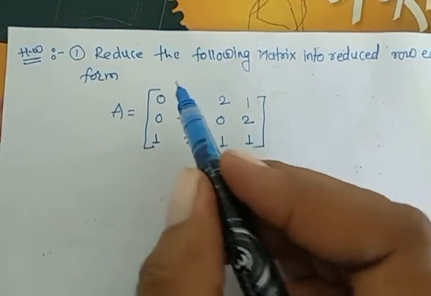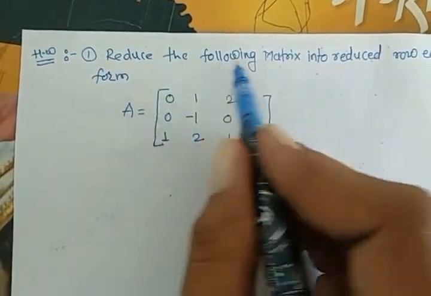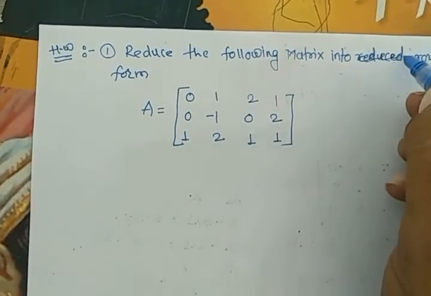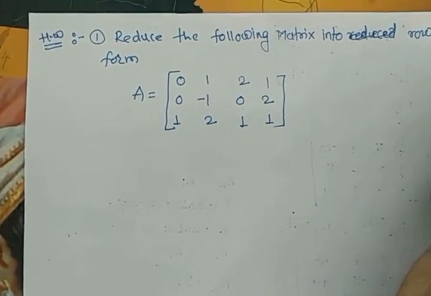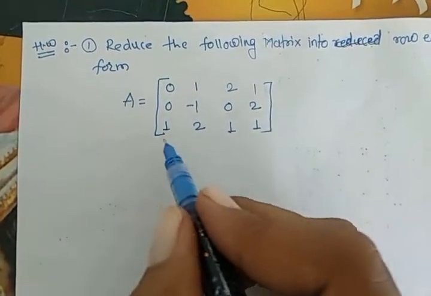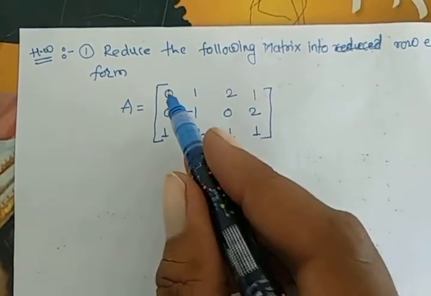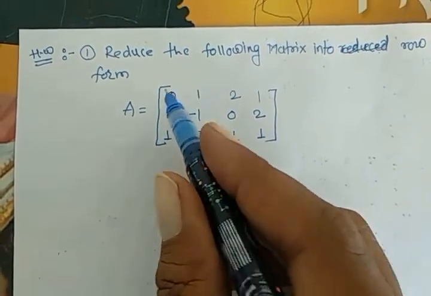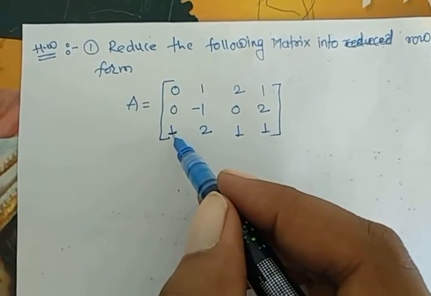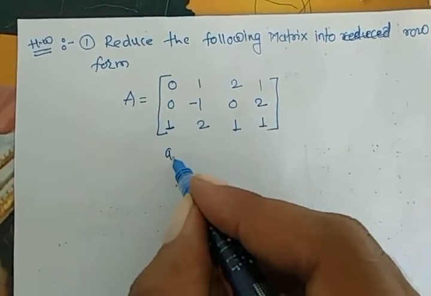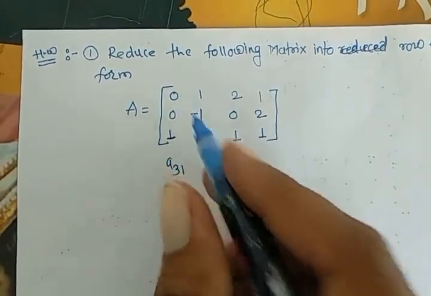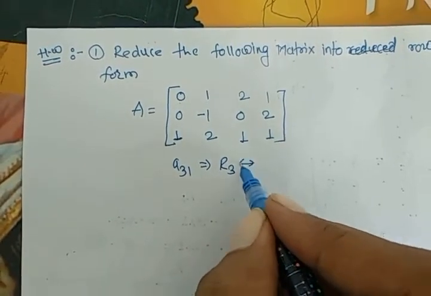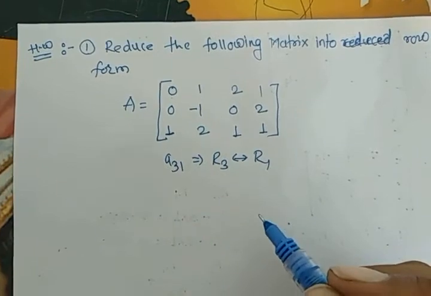Here is a homework for you. Reduce the following matrix into row echelon form. For this example I will give a hint. To make 1 at the first position, there is a one at position A31, so you have to interchange that row with the first row, that is, use R3 and R1.